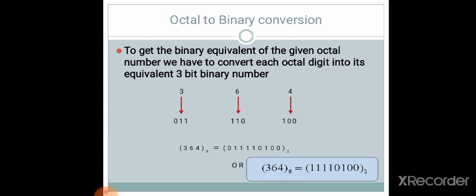So for 4 the 3-bit binary is 100, for 6 the 3-bit binary is 110, and for 3 the 3-bit binary is 011, right? So the octal number 364 is equivalent to 011110100 to the base 2.